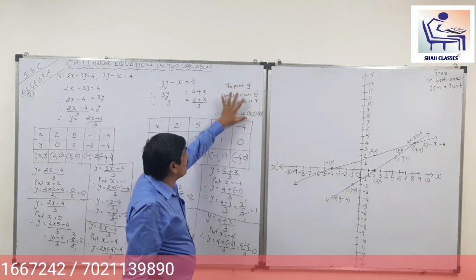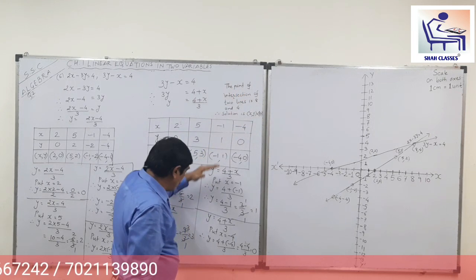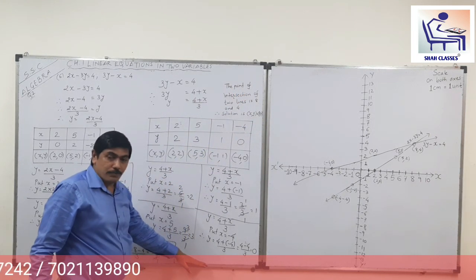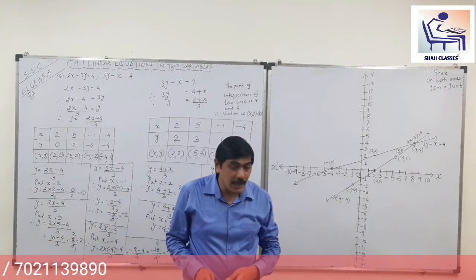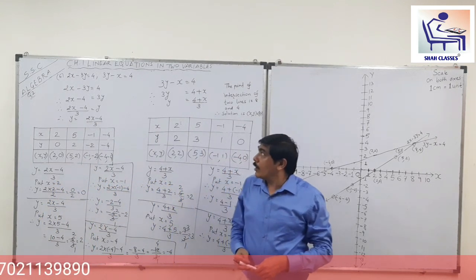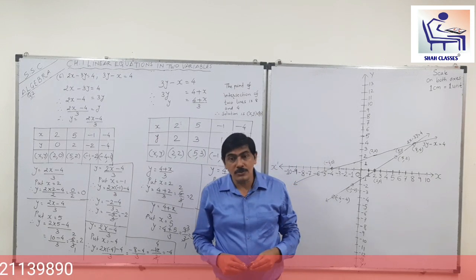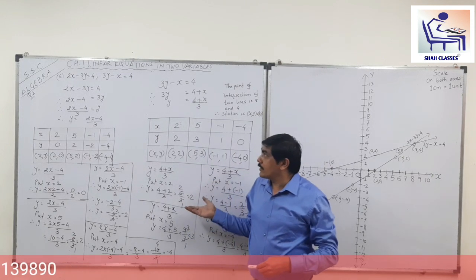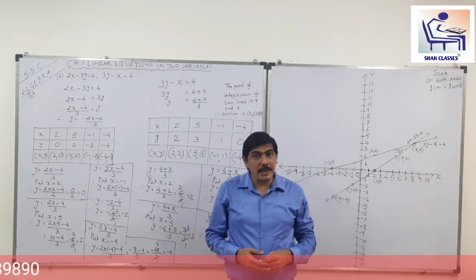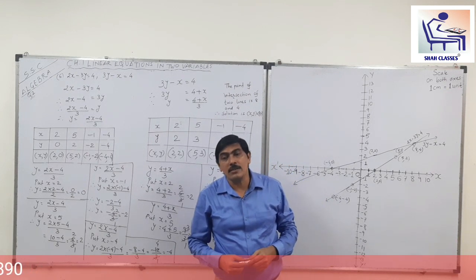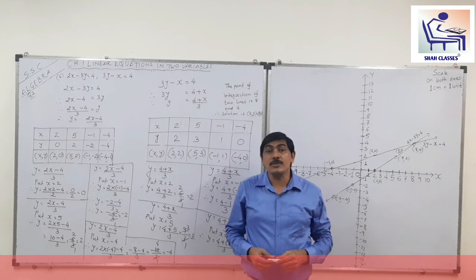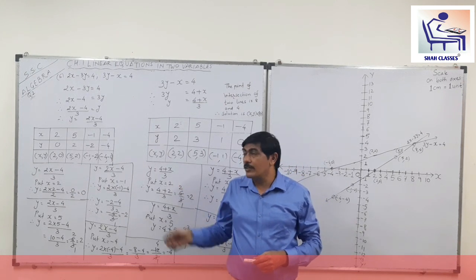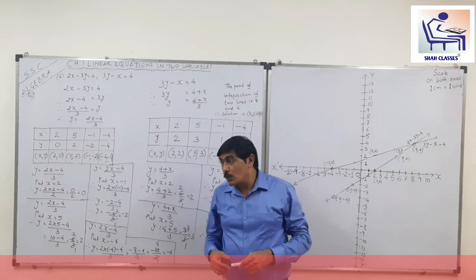So please write this final answer at the last of your page. So now we have finished the second exercise completely, all 6 sums of the graphical method. Now from next we will go for the third method of how to find the solution of simultaneous equations through another method.